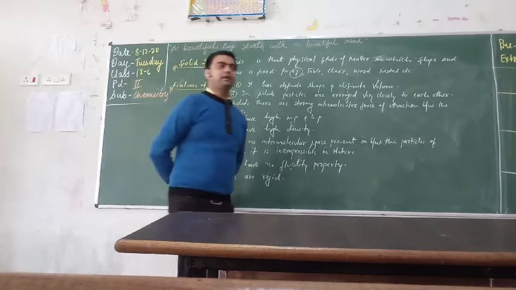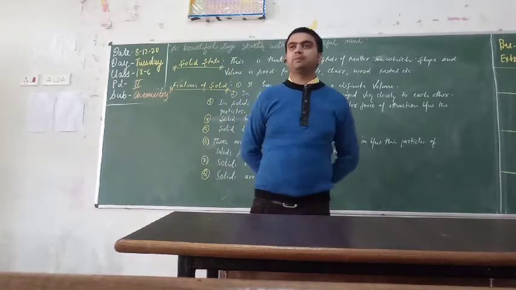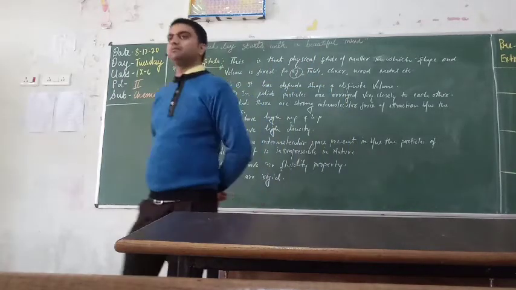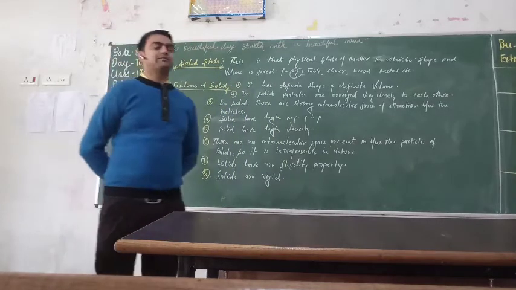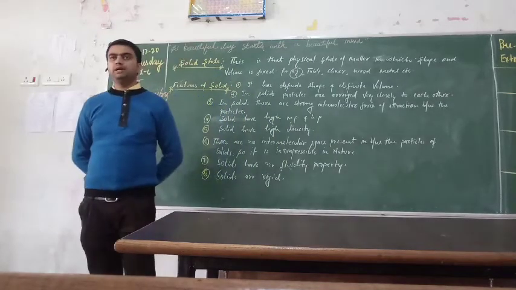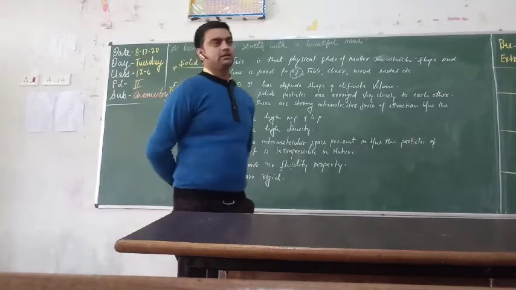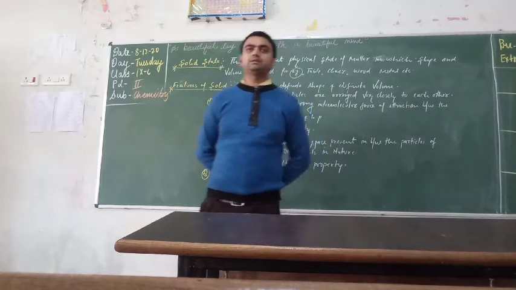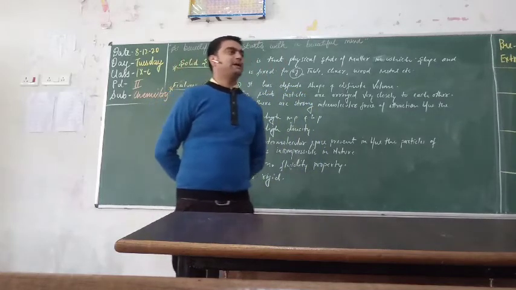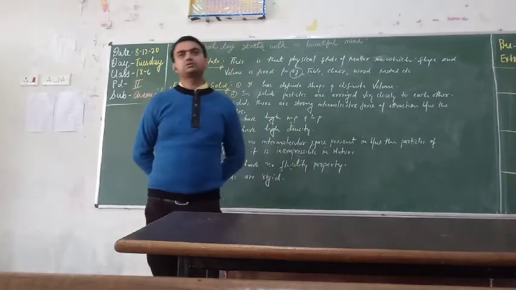Clear? Whenever anyone asks, tell me what you know about the solid, then you will always say that it has a definite shape and definite volume. Clear? And we see a number of objects in our surroundings which belong to the solid, like the table, chair, metal, and so on. These are all solid. Clear?